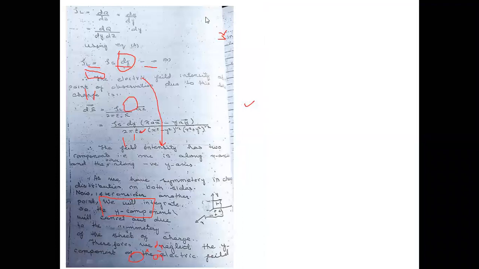As we have mentioned in the previous slide, dy dz is actually a ds. So replacing this by ds, and this whole is actually the rho s, surface charge density.